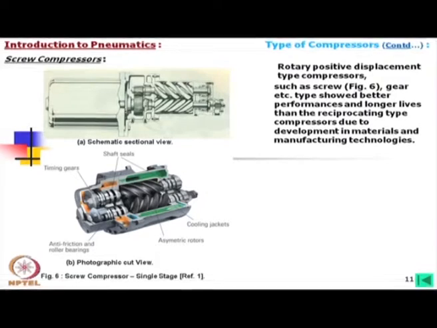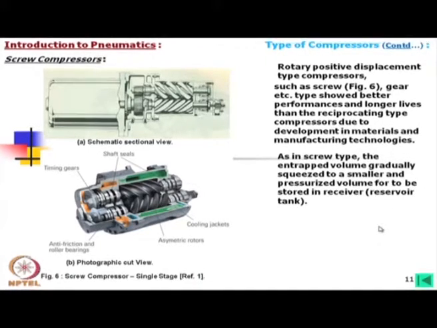So, where moderate volume is required with very high pressure, maybe the screw compressor is better than the cylindrical piston type. In the screw type, the entrapped volume is gradually squeezed to a smaller volume to be stored in the reservoir. Usually you will find the inlet axial and the outlet in the radial direction at the other end, and these are the cooling jackets.